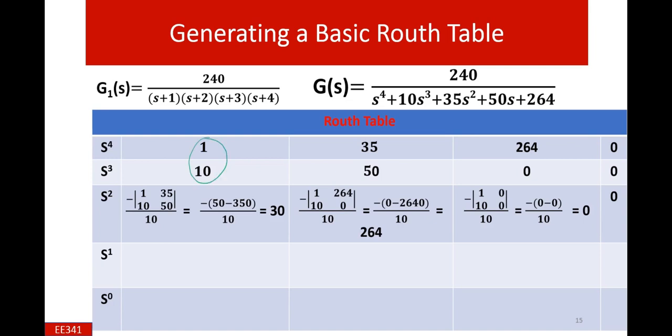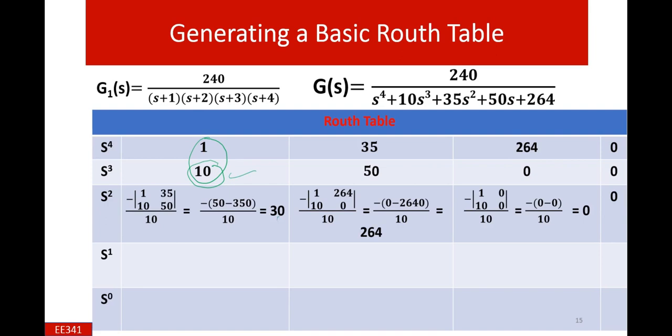To find the first element, using the adjacent elements of the previous two rows, 35 and 50, by solving this value: 1 multiplied by 50 is 50, 10 multiplied by 35 is 350, and scaled by this component. The third row is completely scaled by this value, which is 10.